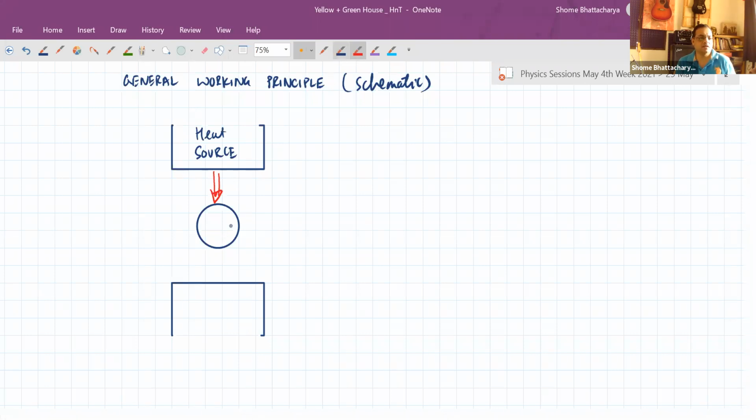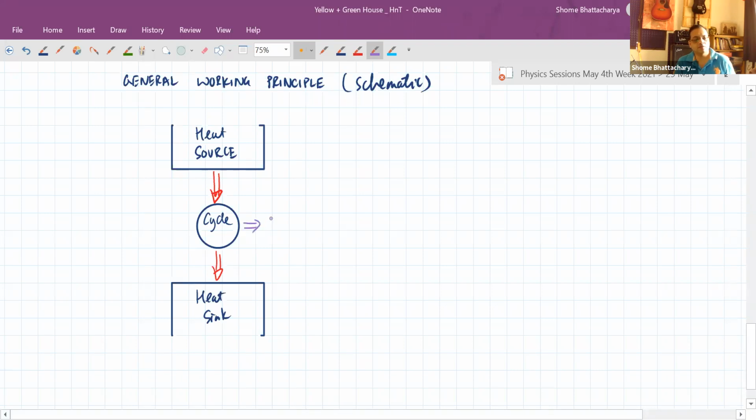And there is another part of it which is, so this is the cyclic process. Another part of it which is called the heat sink. So some part of the heat which is absorbed from the heat source is always dissipated into the heat sink, but the remaining of it is converted into mechanical work.